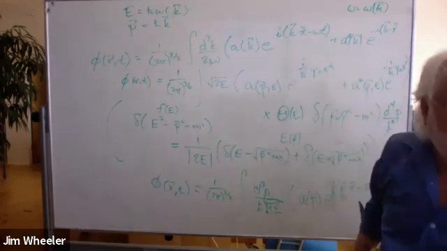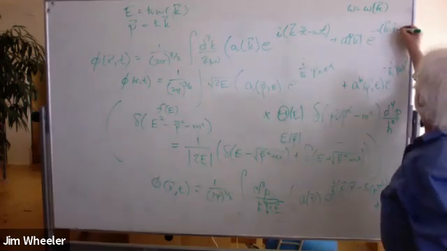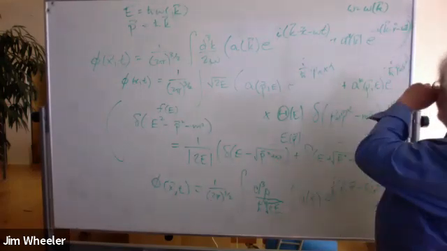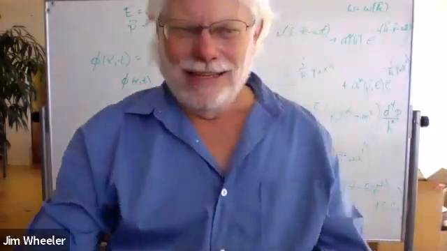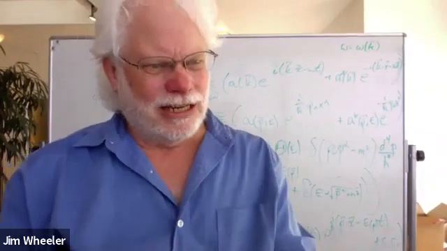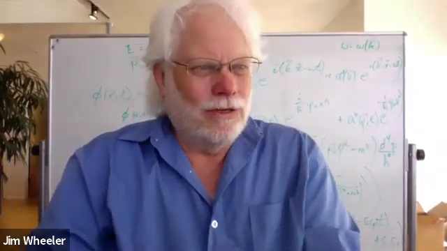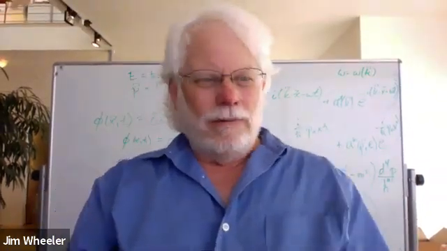No, wait a minute, does this become a minus, yeah, minus omega t. So we're making it real here. Okay, there we go. So that is now a three-dimensional integral giving us the solution to the ordinary Klein-Gordon equation. It's a simple linear equation.